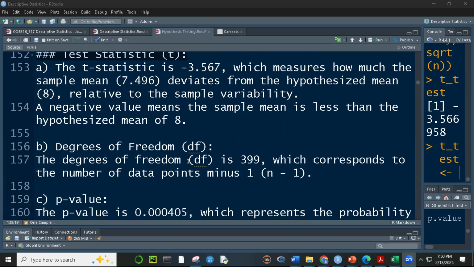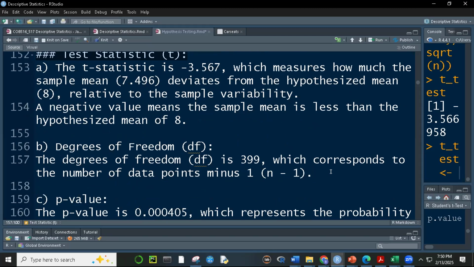Then the degree of freedom I mentioned to you a while ago, 399, which corresponds to the number of data points minus 1. So you have 400 minus 1, because you're computing for one parameter, which is the t-test.